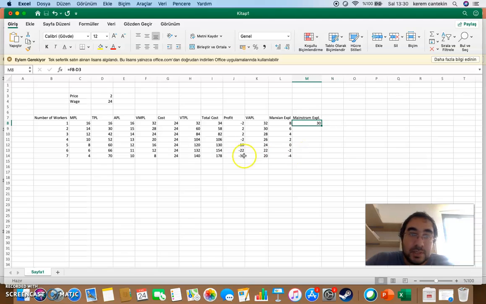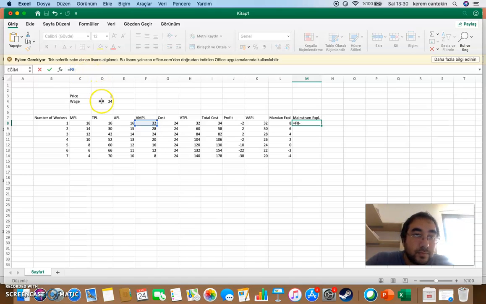Mainstream exploitation is basically you subtract the wage level from the value of marginal product. And again, we should fix this.